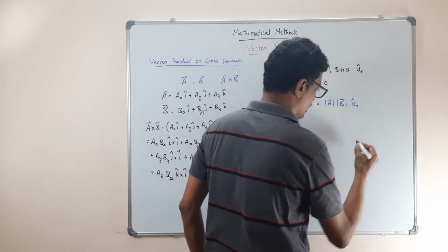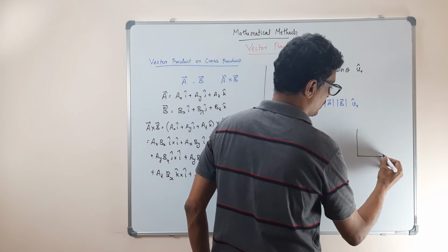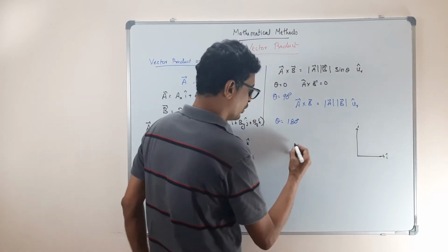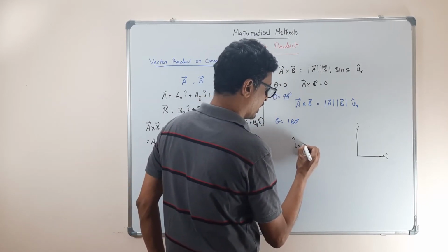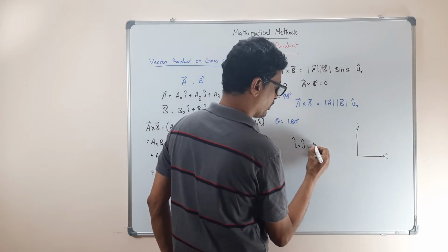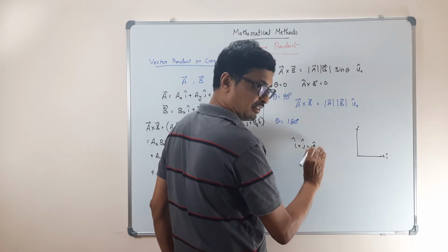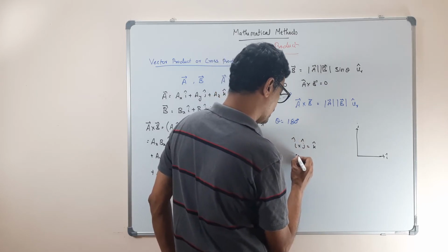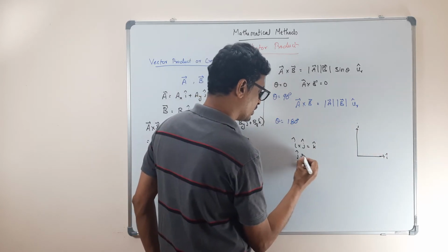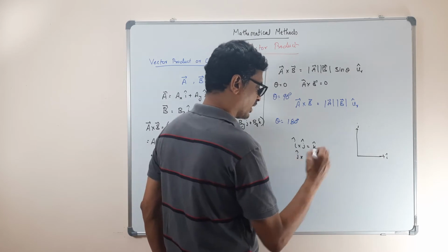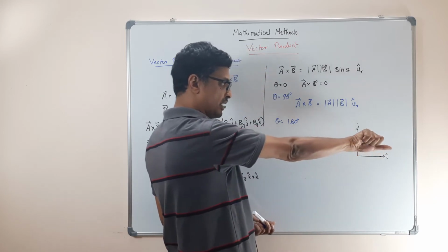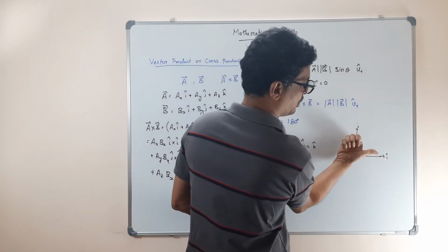What is it that we had? This is your i cap, j cap, and k cap, which are perpendicular, correct? So i cap cross j cap will be equal to k cap. The reverse is negative. So j cap cross k cap will be equal to i cap, j to k.